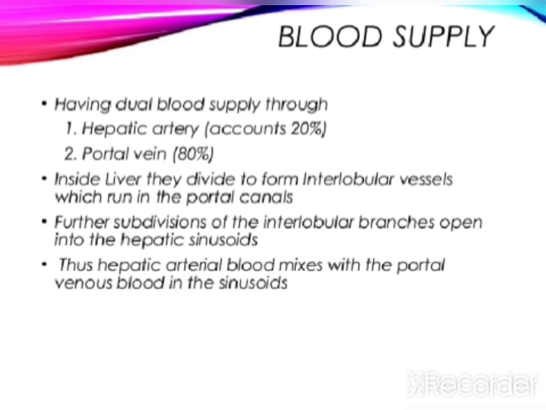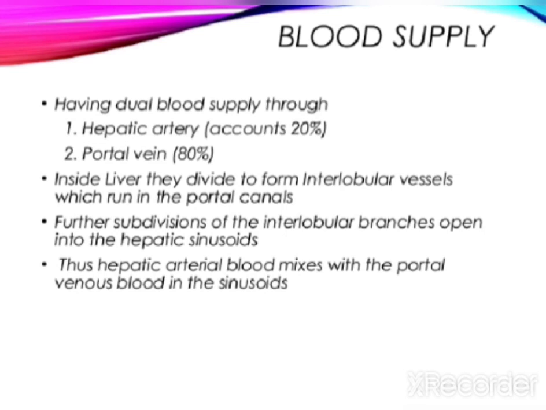These in turn unite to form hepatic veins which drain directly into the inferior vena cava. The hepatic veins are arranged in two groups, upper and lower. The upper group consists of three large veins, right, left and middle, which emerge through the upper part of the groove for the inferior vena cava and open directly into the vena cava.